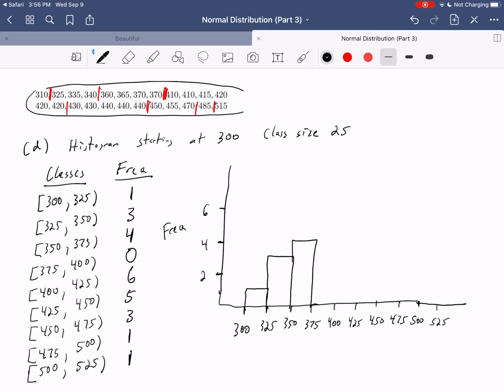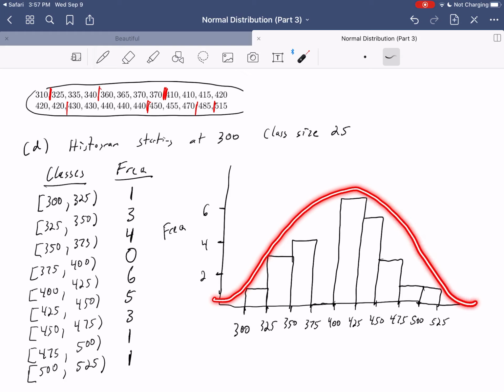We could, of course, sort of bold a line there. Then a frequency of 6, then a frequency of 5, then a frequency of 3, and then a frequency of 1 and of 1.